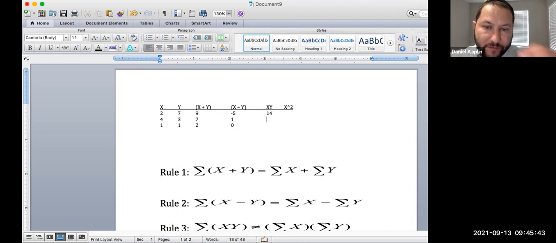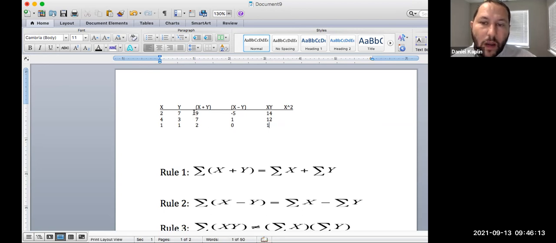And then we have 4 times 3, again, taking the X column and then the Y column, we put them next to each other. 4 times 3 gives us 12. And then last but not least, 1 times 1, well, this is easy, right? 1 times 1 is 1.